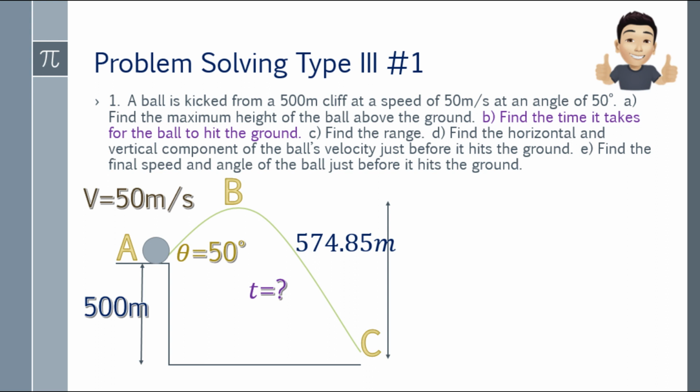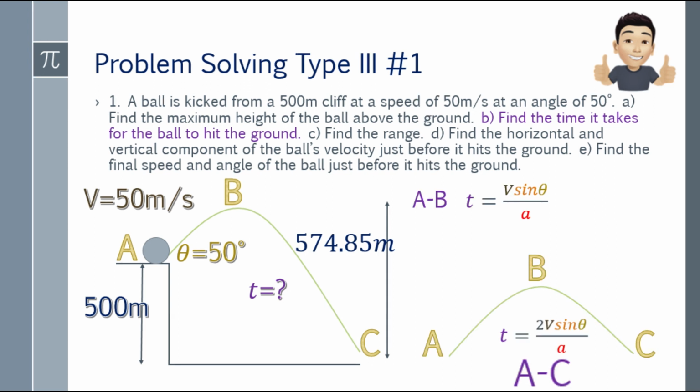Alright, next part of the problem, find the time it takes for the ball to hit the ground. Remember, dun sa part 2 problem natin, meron tayong A to C. So that will be time is equal to 2v sine theta over A. Hindi natin pwedeng gamitin to ng ganun-ganun na lang dito sa type ng problem natin. Kasi yung A to C mo, ka-level niya yung ground.